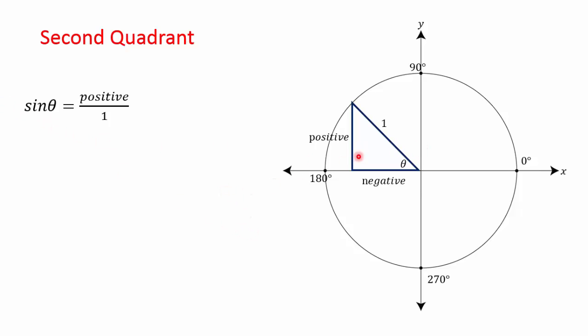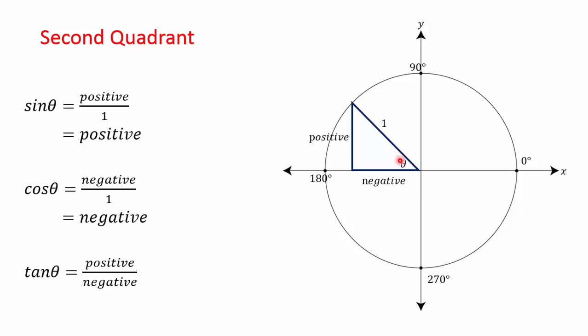So sine theta in this case is positive over 1, so sine is still positive. Cosine is negative over 1, so cosine is now negative. And the tangent is a positive number over a negative number, so the tangent is also negative.